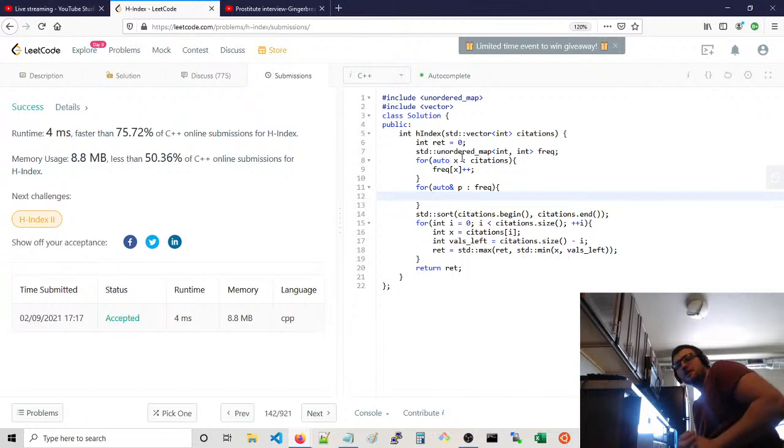No, you're gonna have to sort it anyway, more or less. Yeah, I have to sort it anyway because you want to know how many numbers are greater than or equal to that particular number. That's ultimately what you want to know.